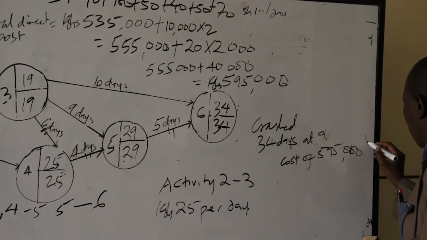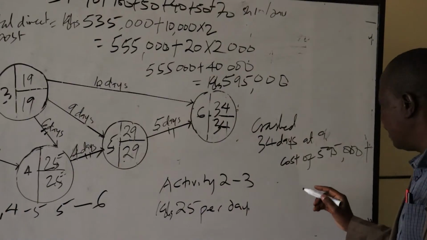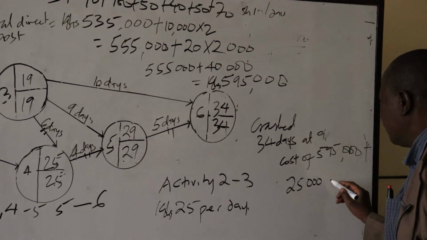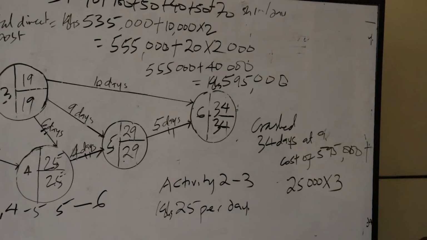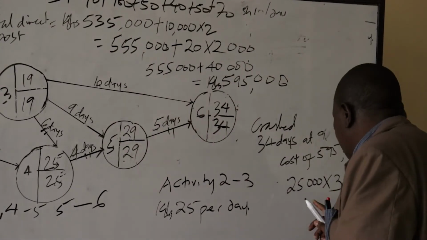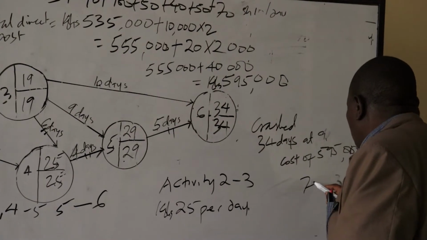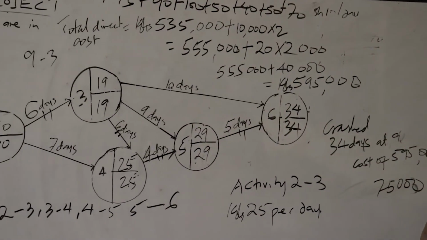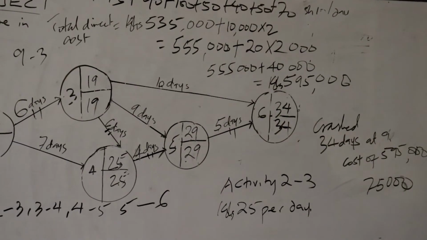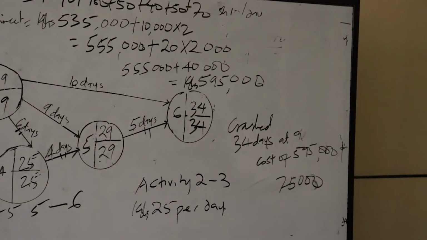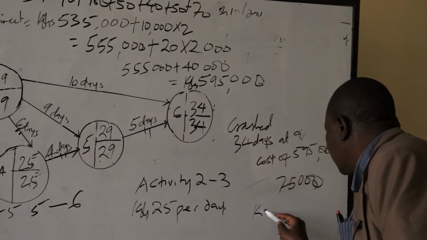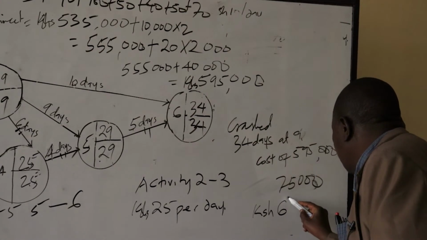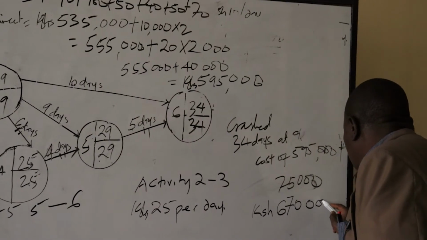The cost slope is 25,000 times 3 days available for crashing, so we add 75,000. 595,000 plus 75,000 brings 670,000 Kenya shillings.